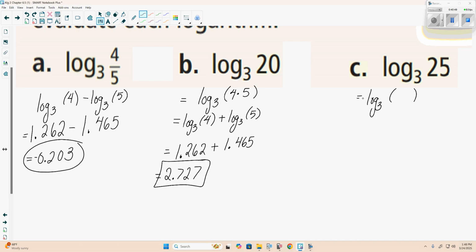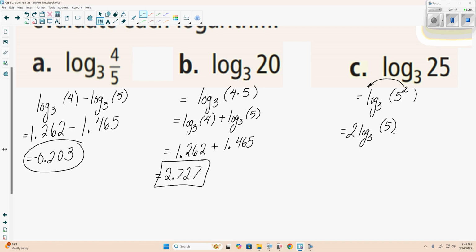Last one we're going to look at today is C here, log base 3 of 25. Well, we can rewrite 25 as 5 to the second power. And as we did with the other one, we can move that exponent out front according to our power property, telling us that we have 2 times log base 3 of 5.